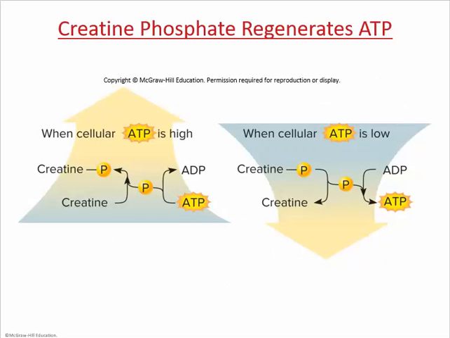So when there's lots of ATP, then the ATP gives its P to creatine to become creatine phosphate, CP. When ATP levels are low, creatine phosphate gives its P to ADP to make ATP. So the direction of these arrows depends on the concentration of ATP. When it's high, it goes towards the creation of creatine phosphate. When it's low, it goes towards the creation of ATP.